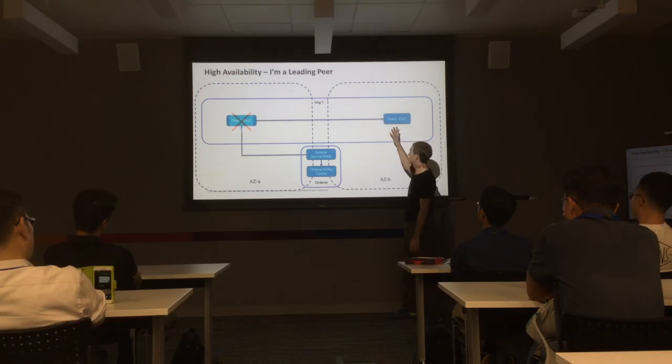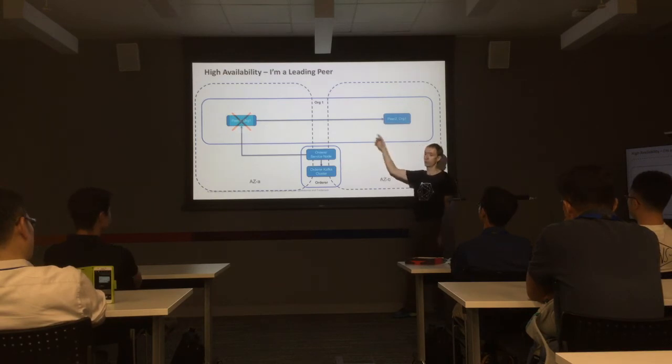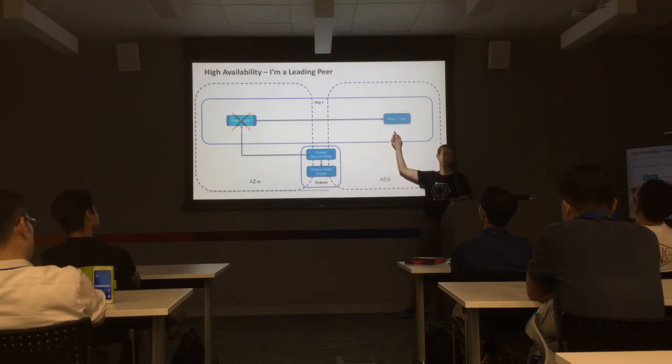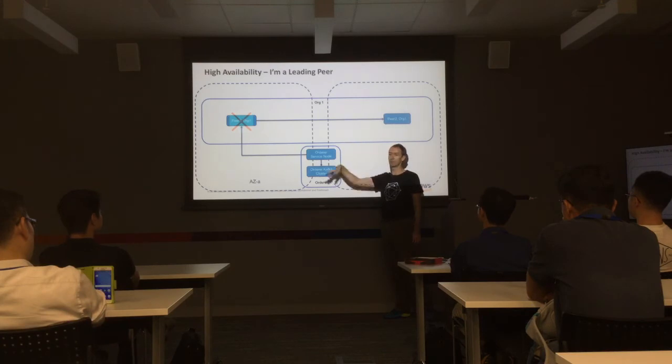And if this peer notices that that peer's gone, an election process happens, this guy becomes the leader, and the ordering service node will now send the blocks here. Right? So that's taken care of by Hyperledger Fabric natively, nothing we need to worry about. All we have to do is set the right environment variables on the peer to make sure that this leader election process happens.